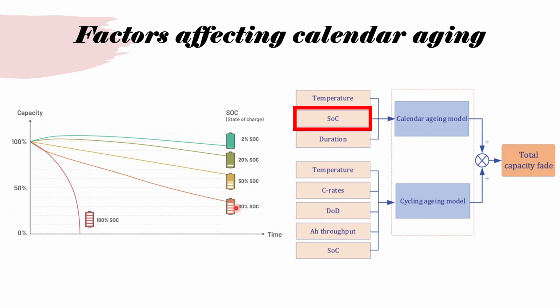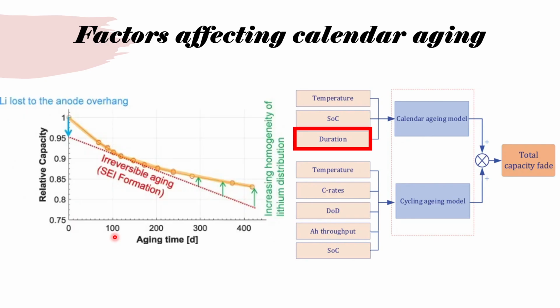So higher the storage SoC, higher would be the degradation, which is a general thumb rule. Duration is a very critical factor in calendar aging. As we have discussed in previous slides, over time cell degrades without applying any load. So as time increases, capacity decreases or degradation increases. So there's a direct correlation between time and calendar aging.